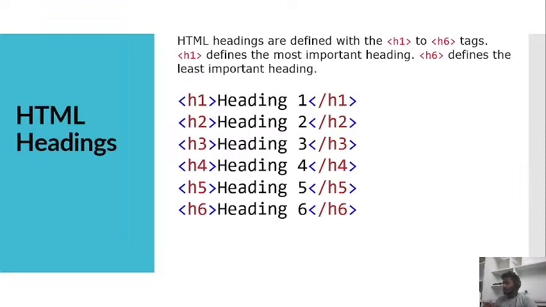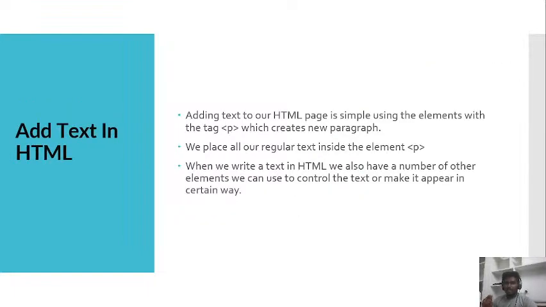We also discussed the headings, the size difference between the headings, and the range of headings from H1 to H6. H1 has the highest size. And then adding text into the HTML: we can add text by using the paragraph tag as well as the heading tag.